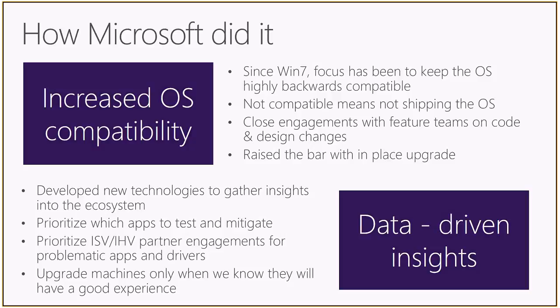They also had to make sure that they kept very close engagement internally between their teams to ensure that any code changes or design changes were going to be non-disruptive as much as possible. And then, as we said, the In-place Upgrade process had to be not only smooth, but adept enough to handle any potential issues that came up during that process.